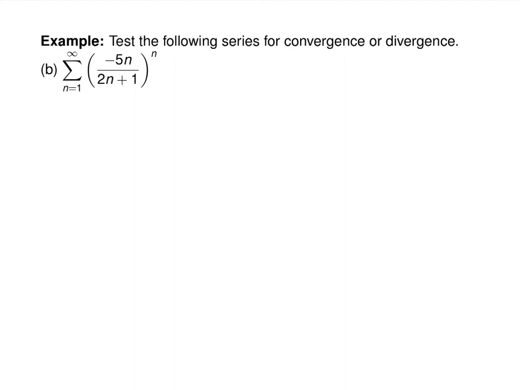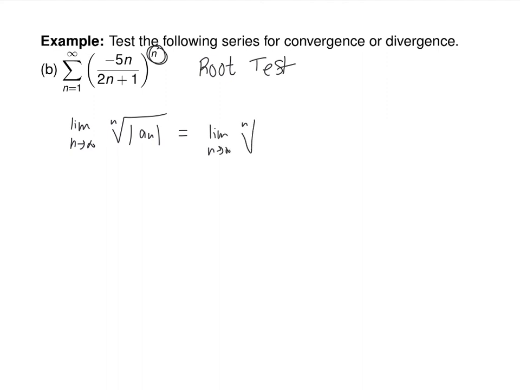All right, here, notice we have this thing to the nth power. Well, that's a pretty big hint that you're probably going to apply the root test. So we'll find the limit as n goes to infinity of the nth root of the absolute value of a sub n. So that's the limit as n goes to infinity of the nth root of the absolute value of negative 5n over 2n plus 1, all to the nth.